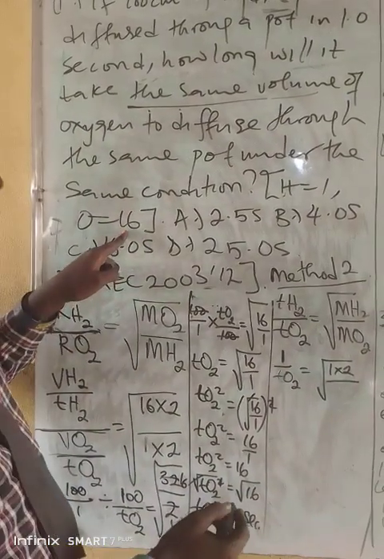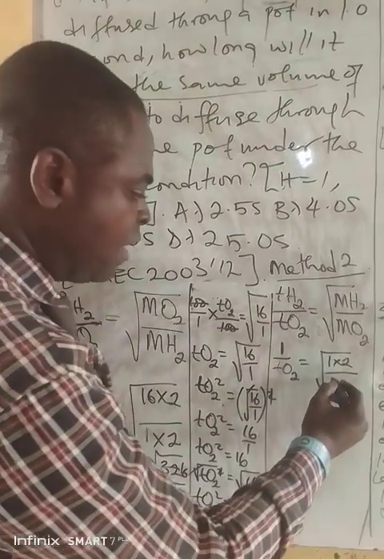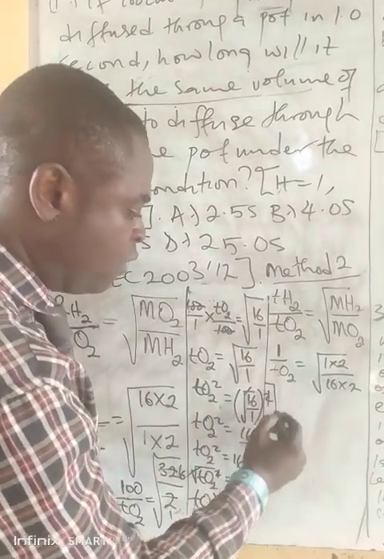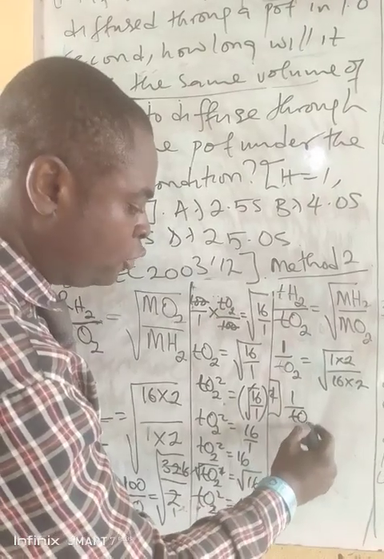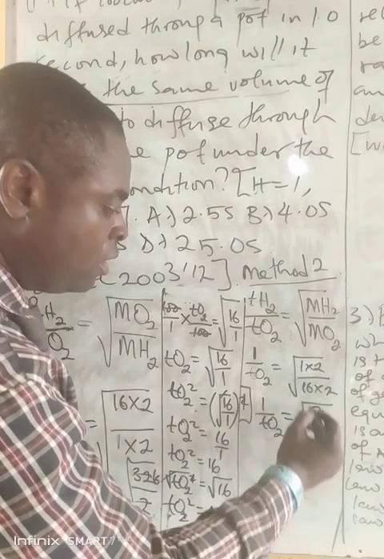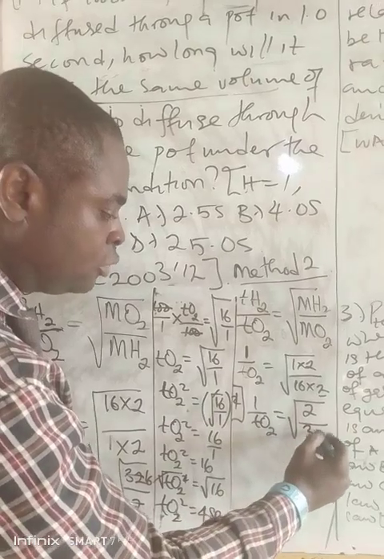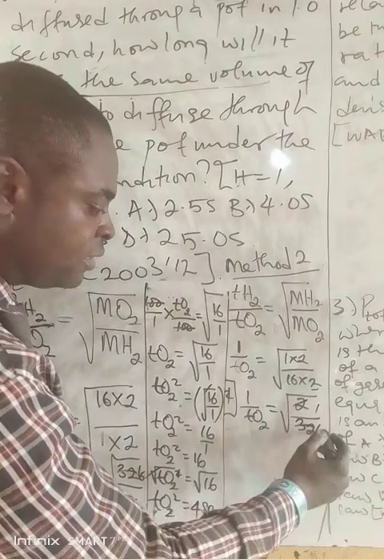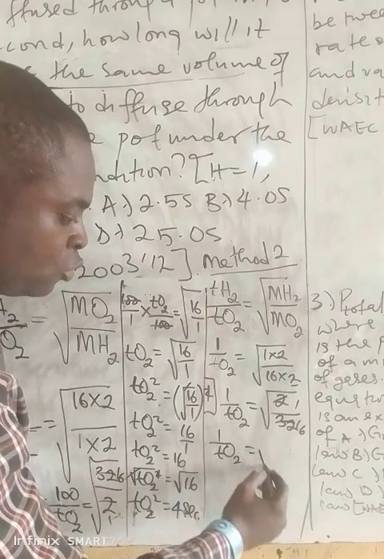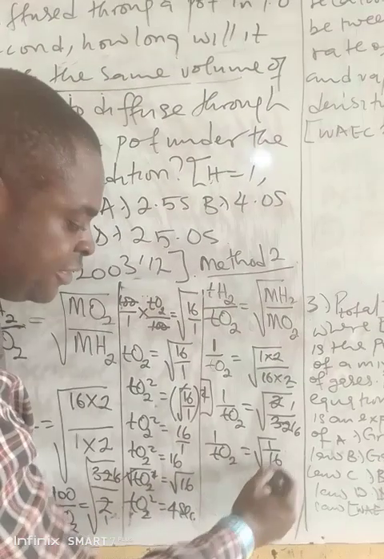O equals 16, but we have 2 here, so 16 times 2, which is 32. So 1 over TO2 is equal to the square root of 2 over 32, which is 1 over 16.